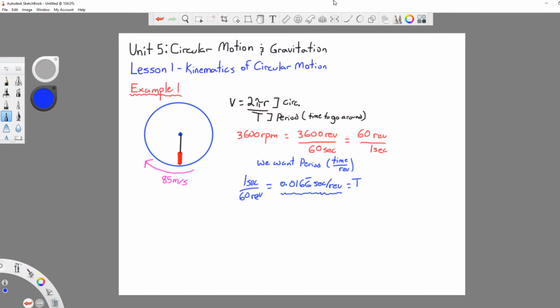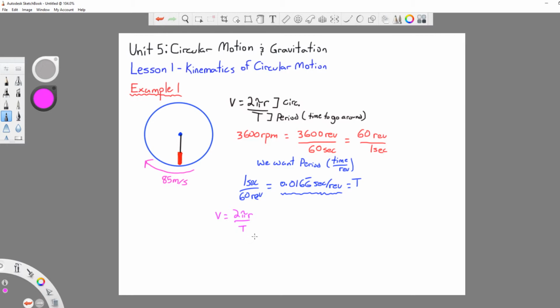All right. That said, I think we can start working with our formula. Okay, we're looking for the radius on this thing. Actually, we're looking for the diameter, but the diameter is just 2 times the radius. So going back into some formula work, I'll write the formula out again here. V is equal to 2 pi r over period.